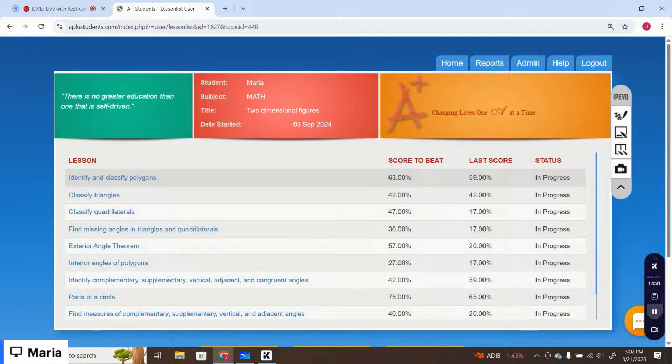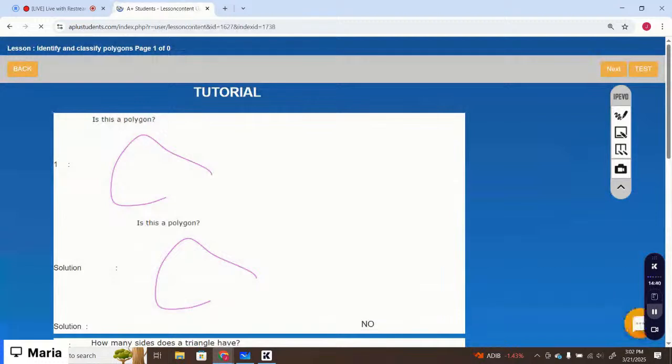Here I am on grade 8 math. The chapter we are on right now is two-dimensional figures. Let's just start with the first lesson, identify and classify polygons.